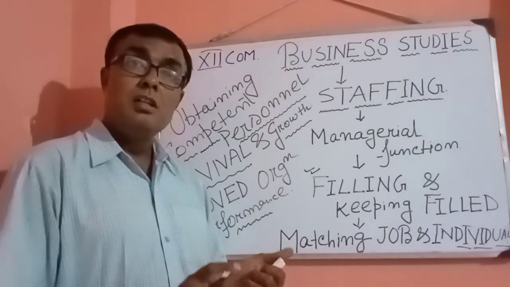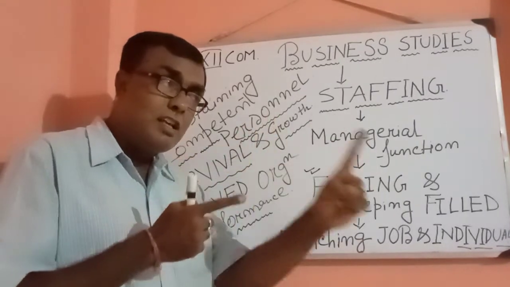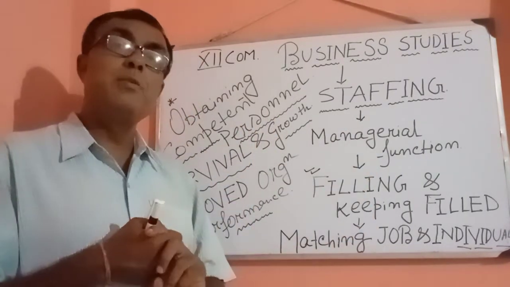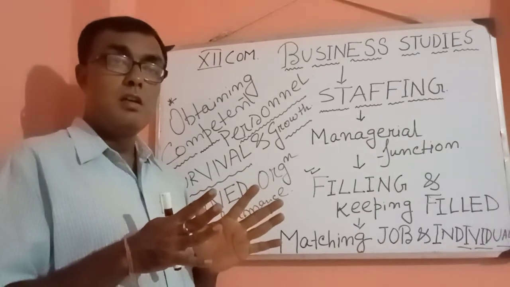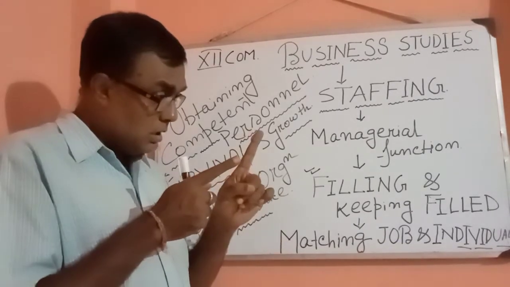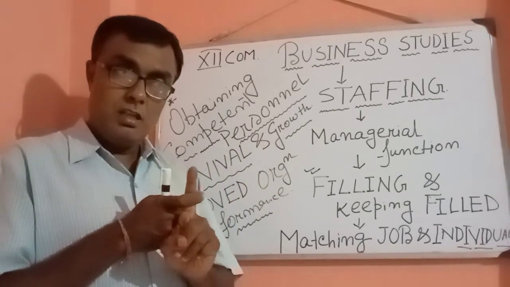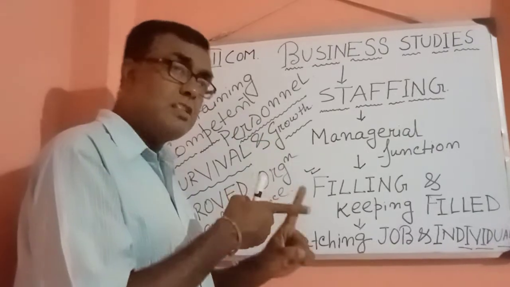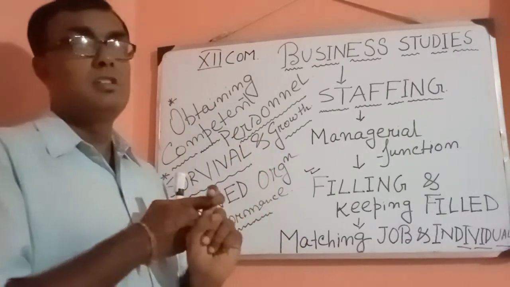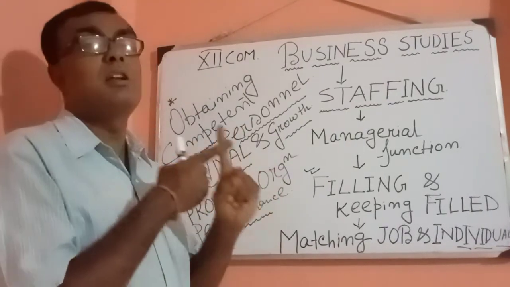Because you think in this way, the right person in the right place is very much required. Otherwise, the person will not get job satisfaction, and the organization will not get the maximum benefit on the basis of their organizational performance.